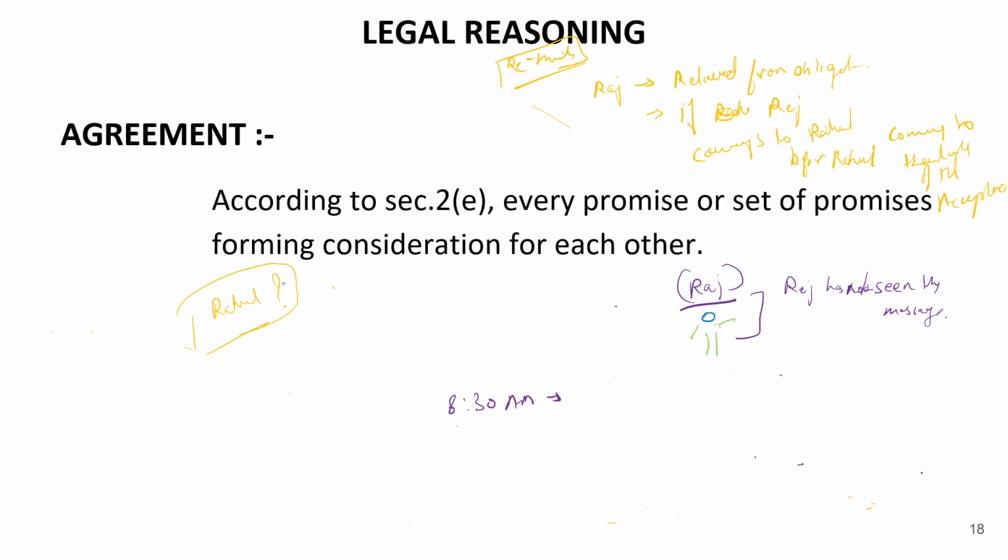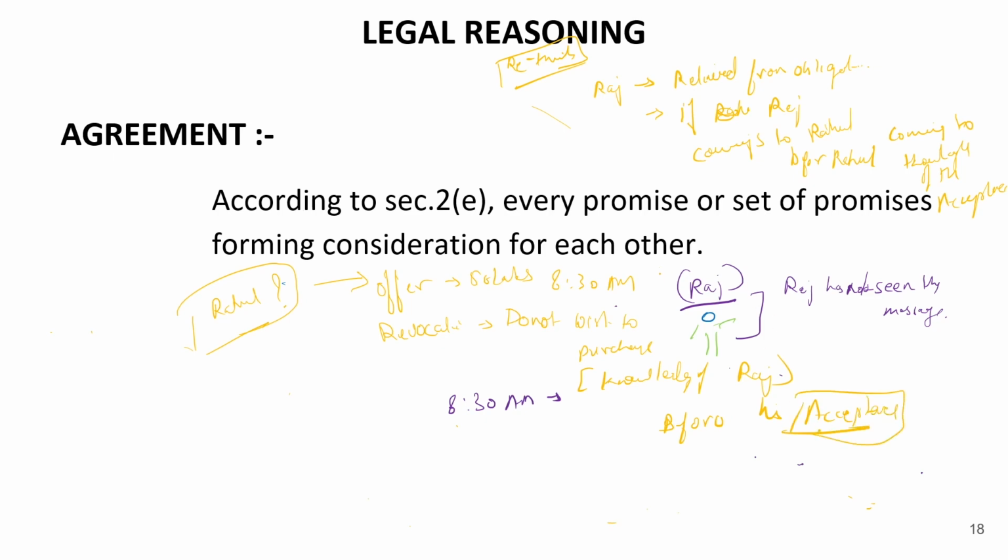So if Rahul initially gave his offer to purchase the house for 50 lakhs at 8:30 a.m. and then sent a message of revocation that I do not wish to purchase, and it comes to the knowledge of Raj before his acceptance, Raj has still not accepted the offer, and he comes to know that initially he wanted to purchase for 50 lakh rupees, but now he has rejected.